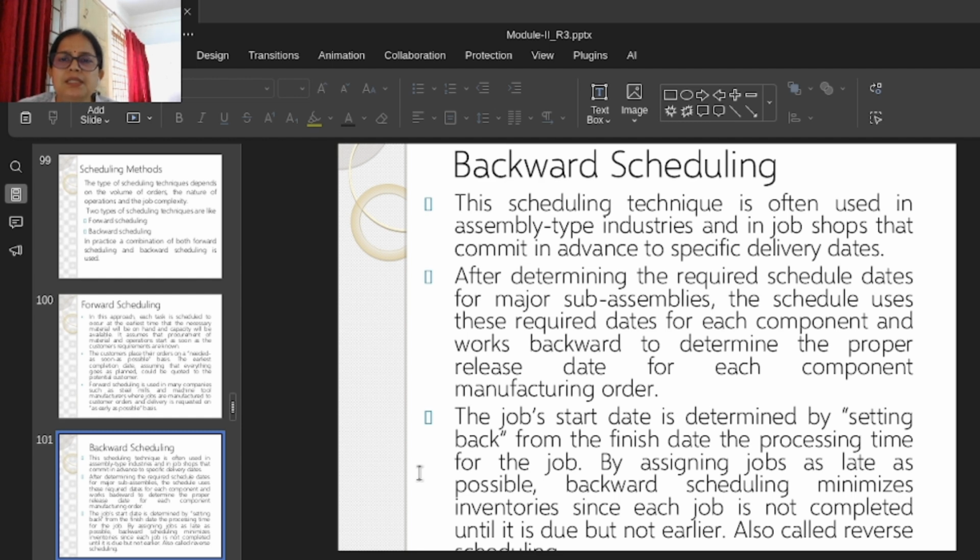So these are the things we calculate backward, and on time we deliver the product to the customer so that there is no need to keep it in inventory. So we try to cut down the inventory cost here. This is called backward scheduling.